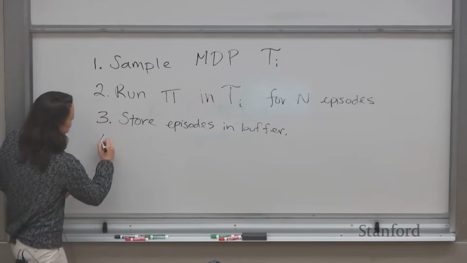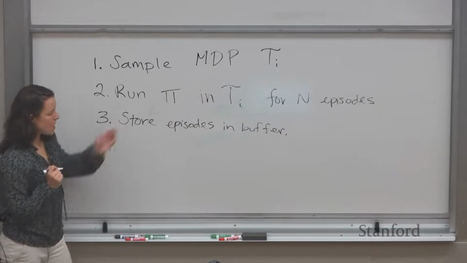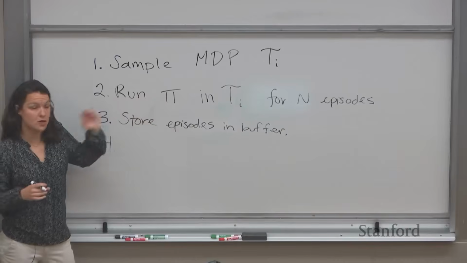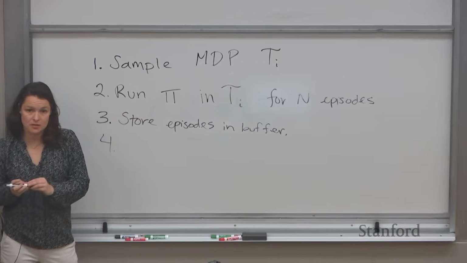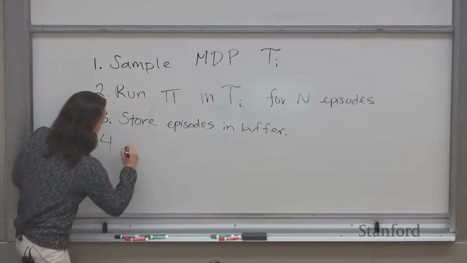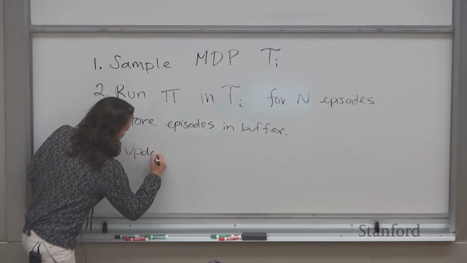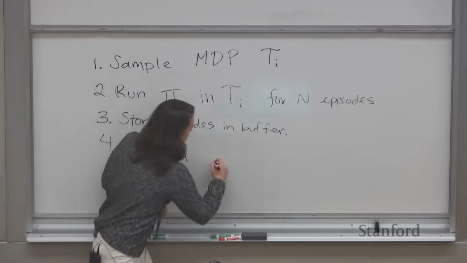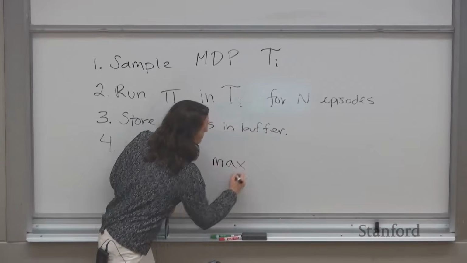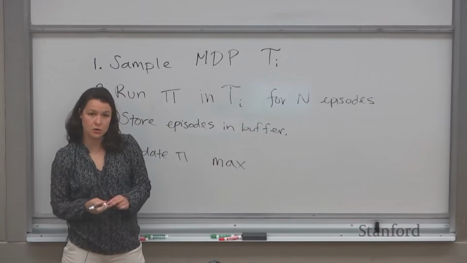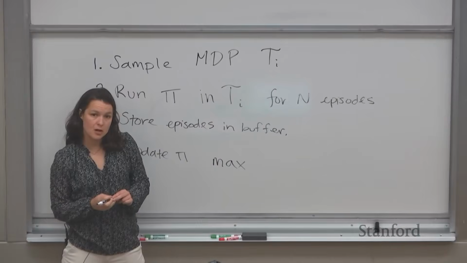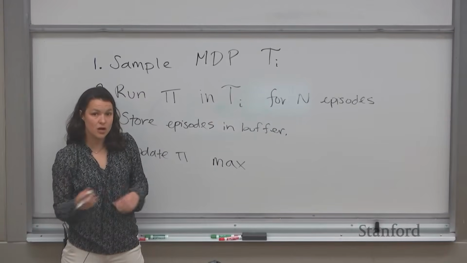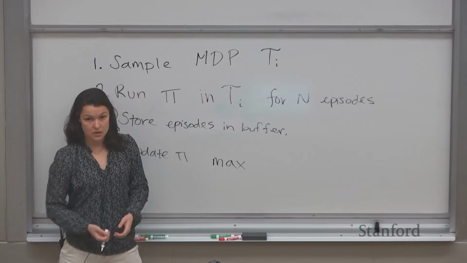And then lastly, we're going to update our policy to optimize the rewards. So we will be updating pi, and specifically, we are going to be maximizing the sum of rewards, like the typical RL objective, but it's going to be across all of the tasks in our task distribution.